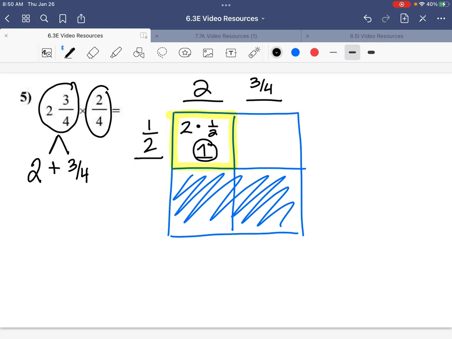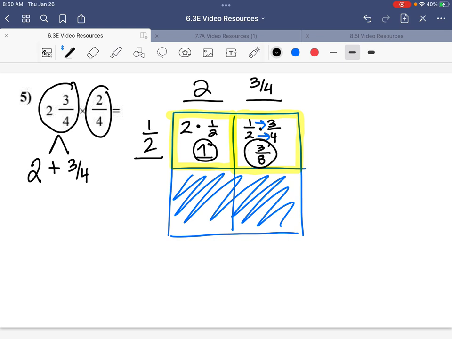Then for the next box, I will get the product, or the partial product, by multiplying 1/2 times 3/4. And we talked last intervention about when we multiply fractions times fractions, how it's just numerator times numerator and denominator times denominator. So 1/2 times 3/4, and that just gives me 3/8.